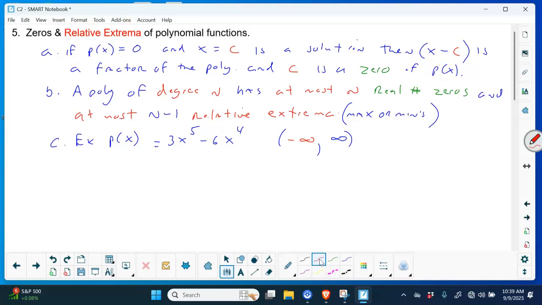Now, let's set the function equal to 0. We're going to be able to find the zeros. So we set the function equal to 0. All right, to solve this, we can factor out a 3x to the 4th. We factor out a 3x.